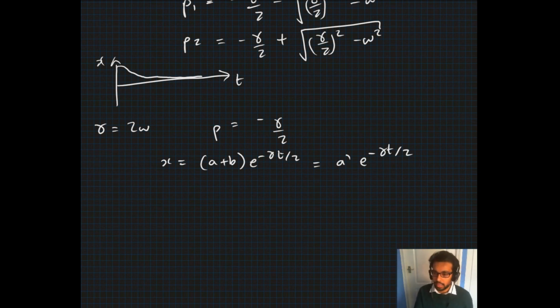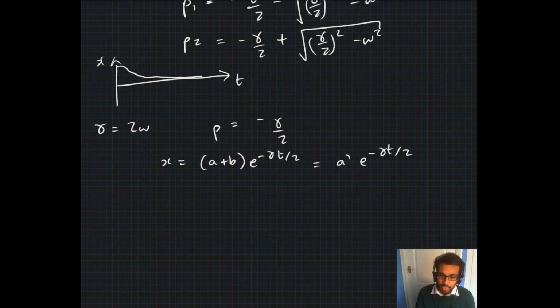And here, now that we only have one constant left, a prime, which isn't determined from the setup, so gamma is determined from the viscosity and the mass, we only have one degree of freedom, and we seem to have lost a degree of freedom. So with this solution, we could never have x equals 0 at t equals 0 without x equals 0 for all t, which makes no physical sense.